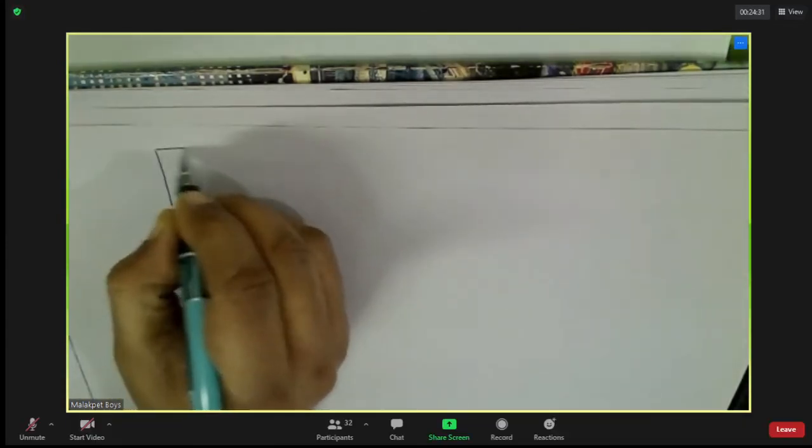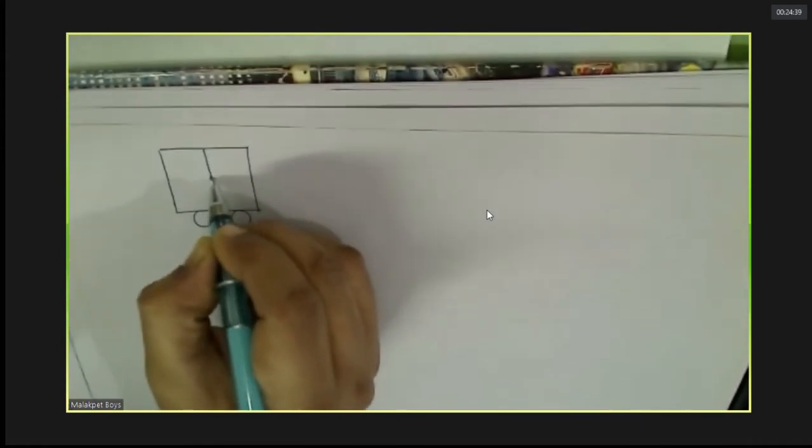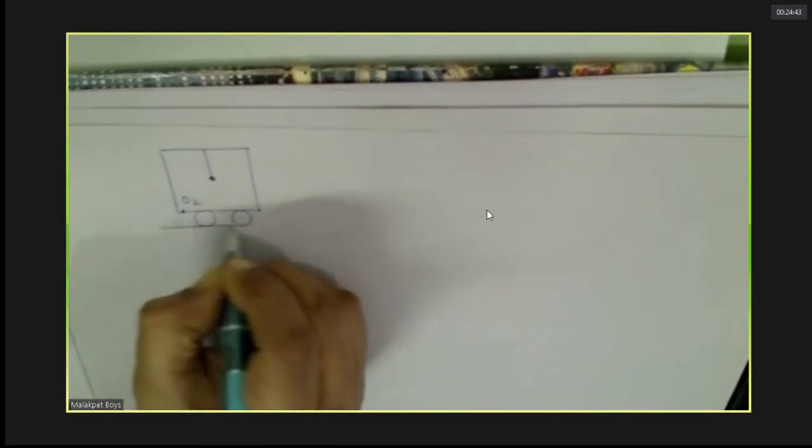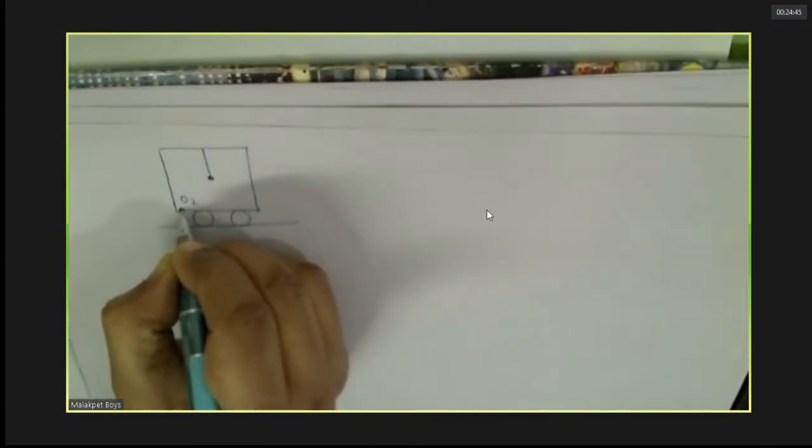Now, let us solve this with respect to the accelerating observer. So this is the cart, this is a bob like this. This is the observer O2. Observer means some point. Okay.